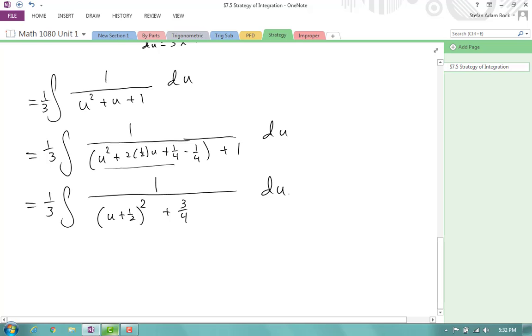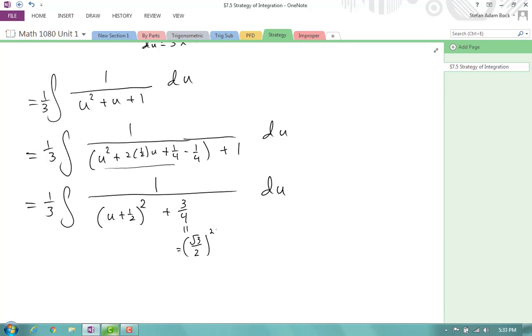Now you could approach this with, since it's a sum of squares, this being here equal to root 3 over 2 quantity squared, I could treat this as a 7.3 problem.